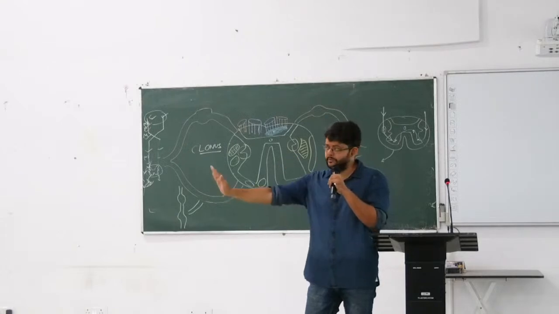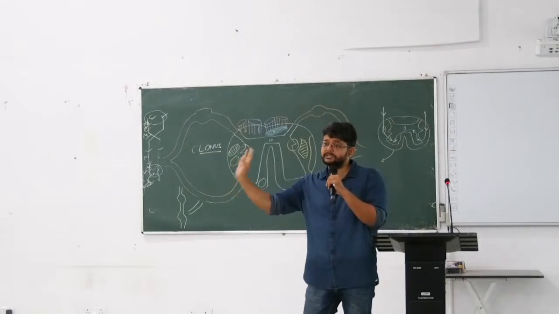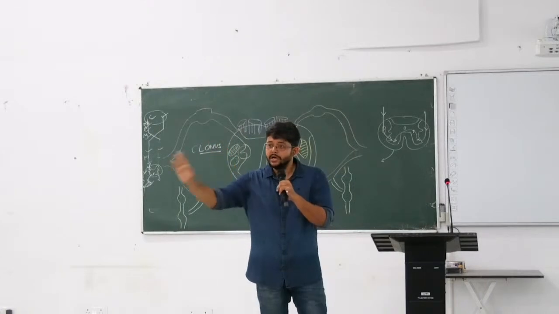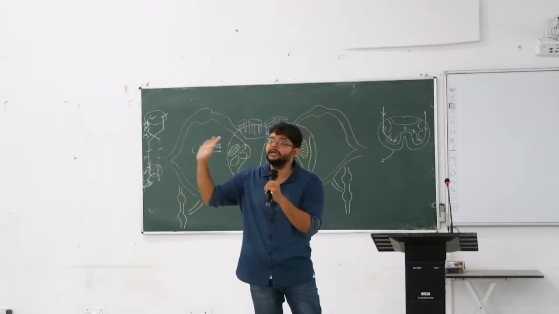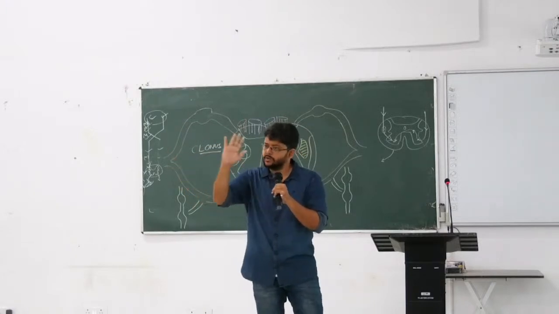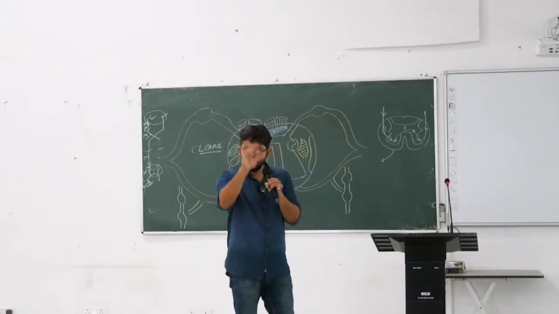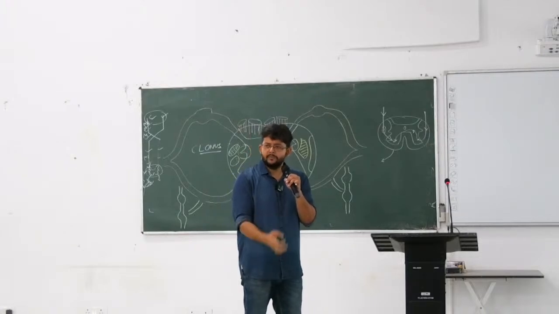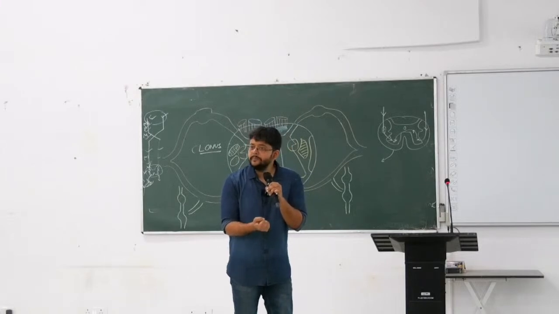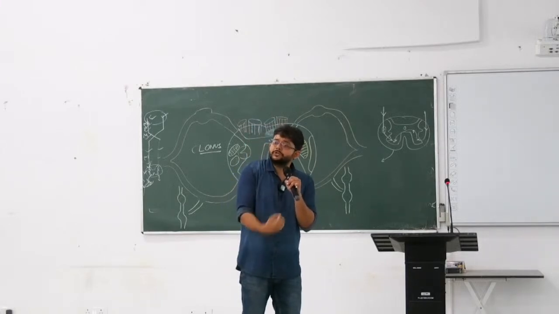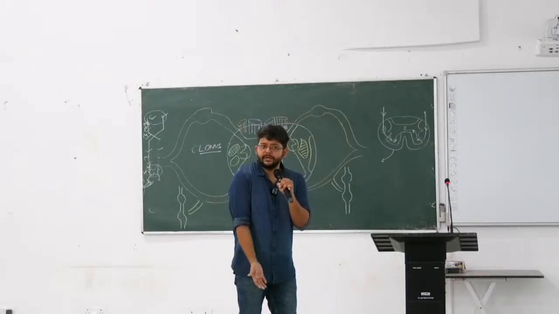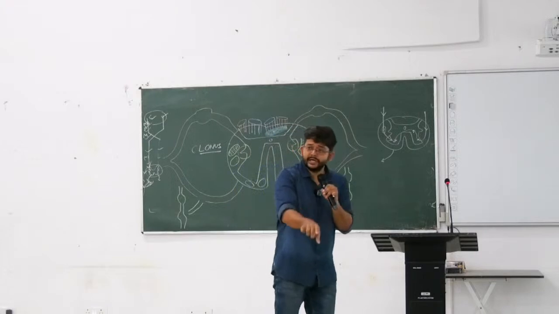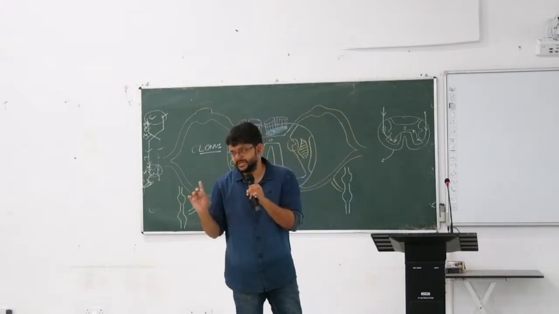So whenever you are stretching, the inverse stretch reflex is normally, what is normal? When I stretch, the opposite antagonistic muscle is negatively inhibited. That is why I can do something. Suppose in a normal situation if I flex my arm, the biceps is flexing but the triceps must be relaxed. If the biceps is flexing and the triceps is also flexing, what will happen? It will be this movement, a pendular movement, continuously happening. This is usually checked by a proper inverse stretch reflex.